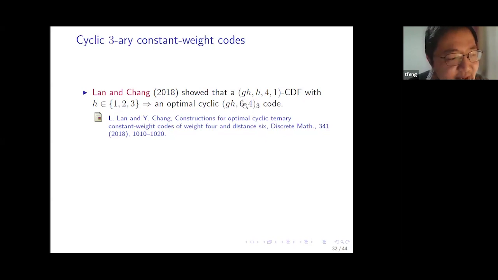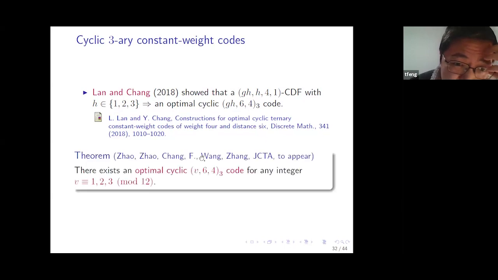Here 6 means the Hamming distance and 4 means the Hamming weight. I will not show details of the relation of these concepts. I just want to say that because we can solve the case of H is 1, 2, 3, we have the existence of this code.